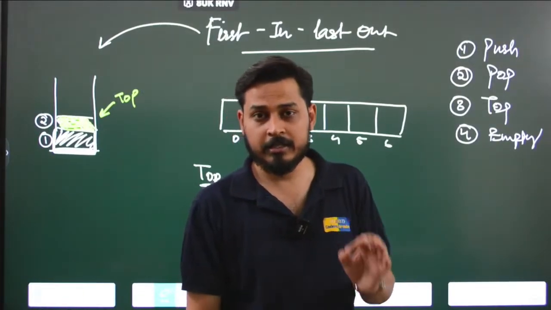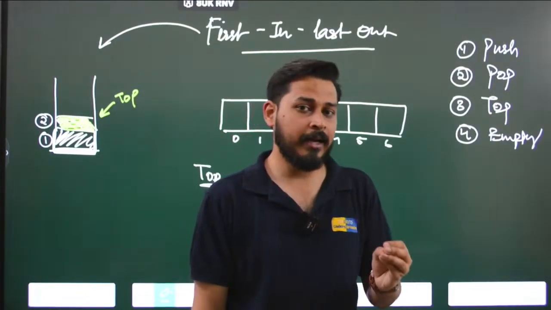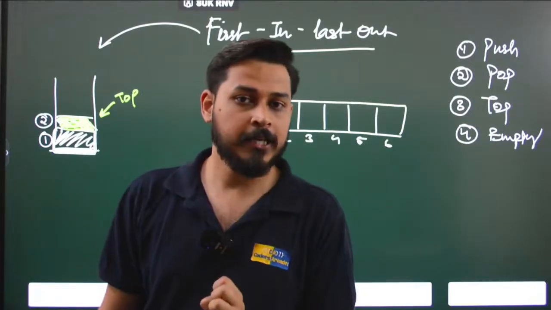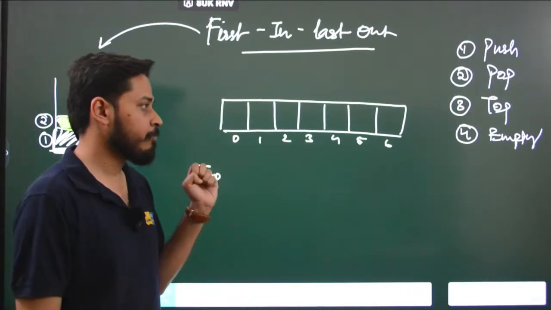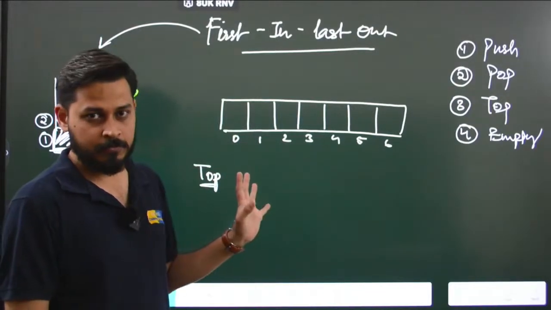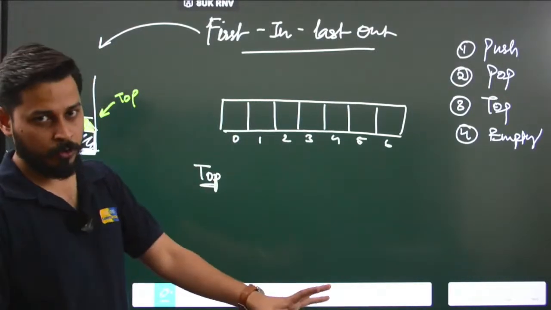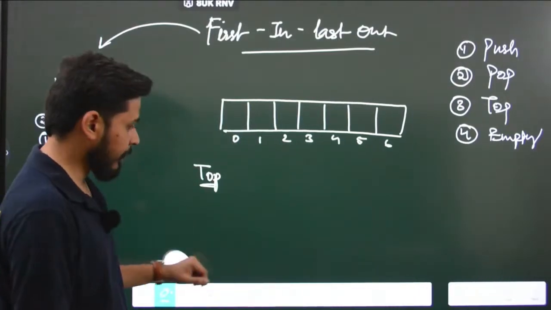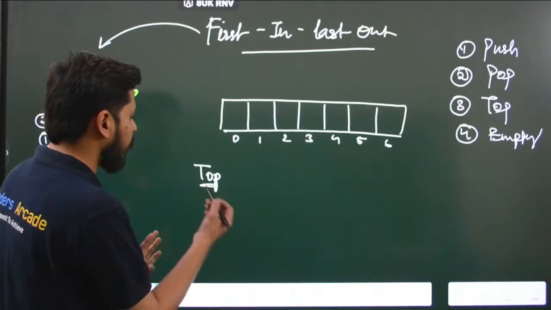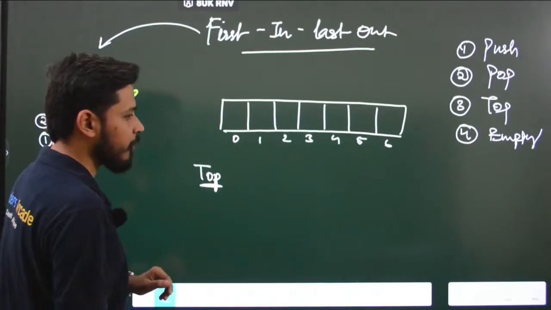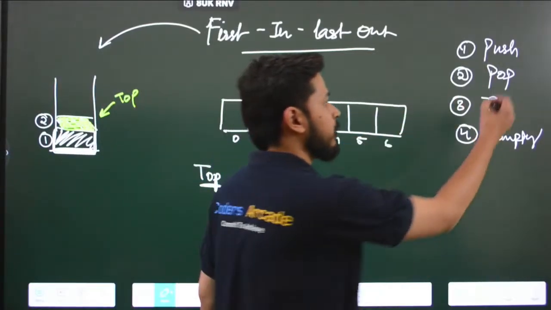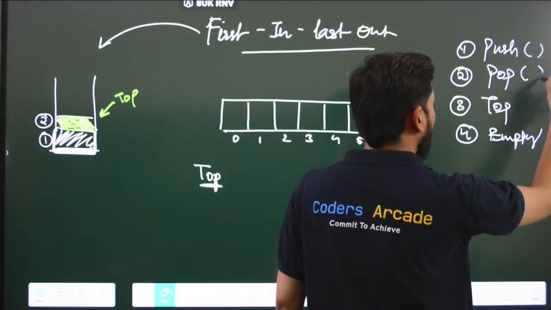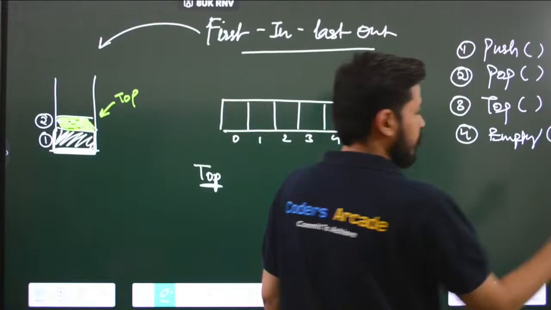Now let us go ahead and understand how this can be done easily. So we are using this array and this array is empty right now. That means the stack is underflown. Underflown means it is empty. Okay. So I have a top variable which will be returned in the function for top. These are all functions, by the way: push function, pop function, top function and empty function.